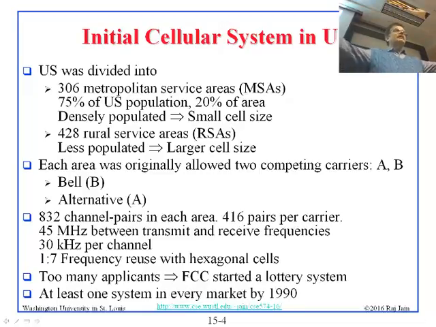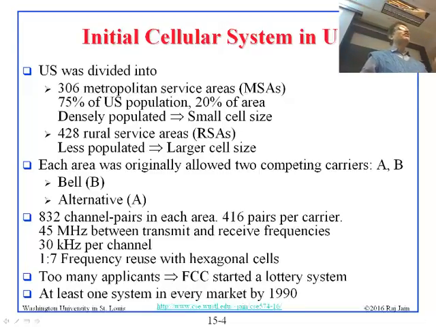These basically were larger cell sizes. Okay? Now the area is bigger, population is less, you make less money, so not everybody wants to go there. Everybody wants to go into the Manhattan downtown where there are millions of people, rich people, as opposed to, here, right? So the area was divided into this, and everybody had to basically kind of petition for that area.